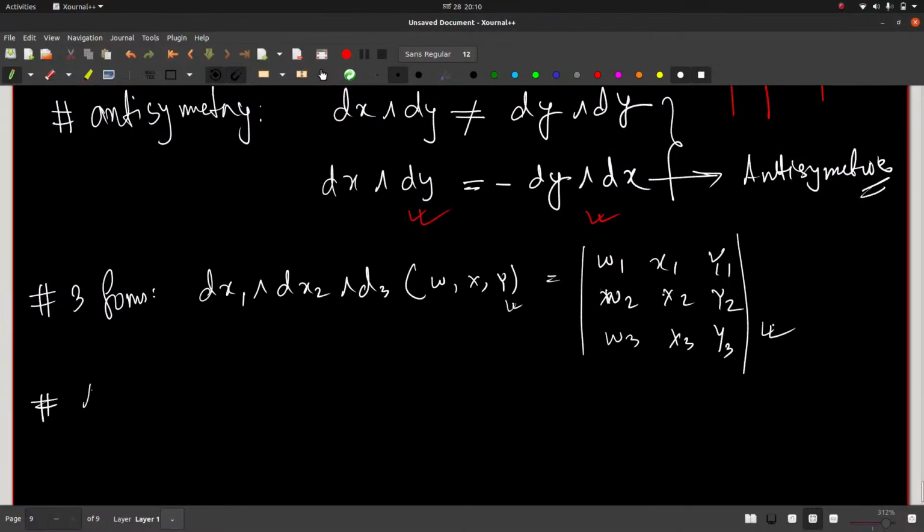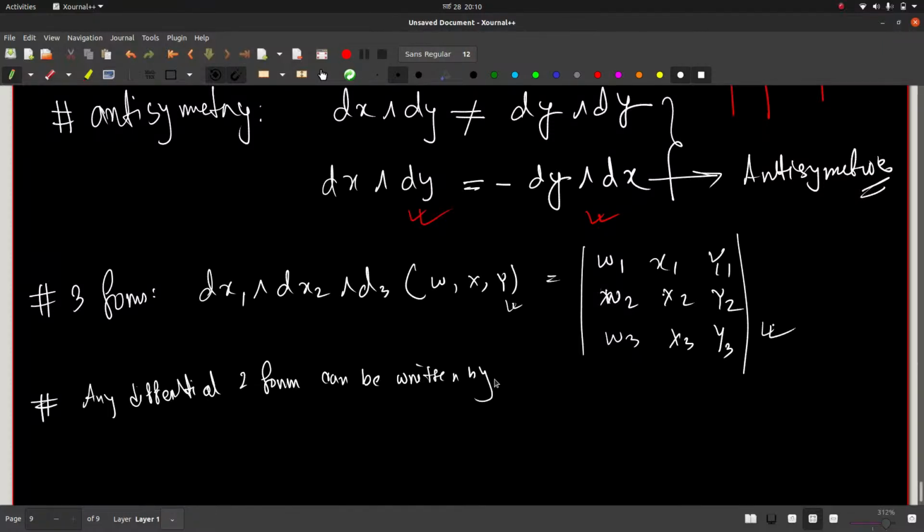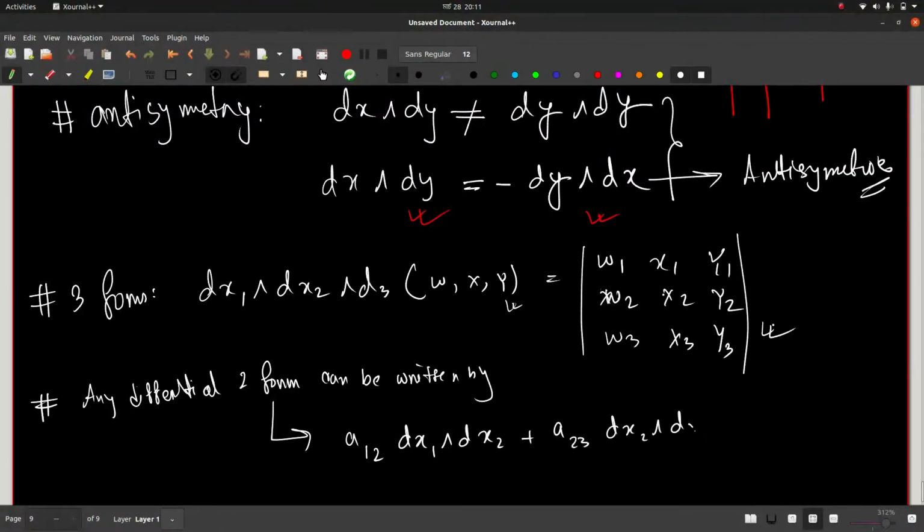So any differential 2 form can be written as the following: a12 dx1 wedge dx2 plus a23 dx2 wedge dx3 plus a31 dx3 wedge dx1, like this.